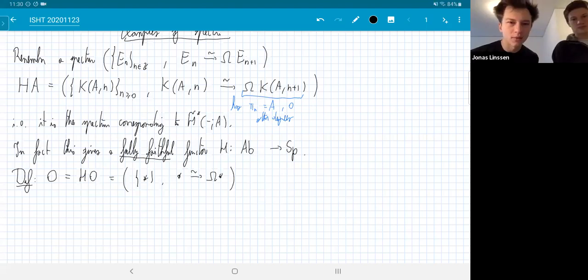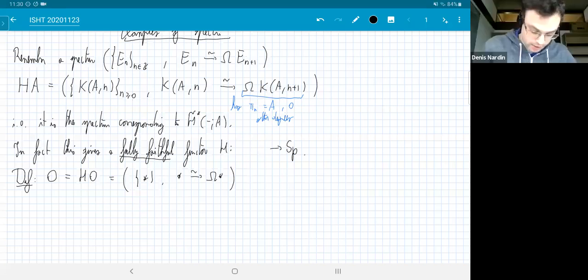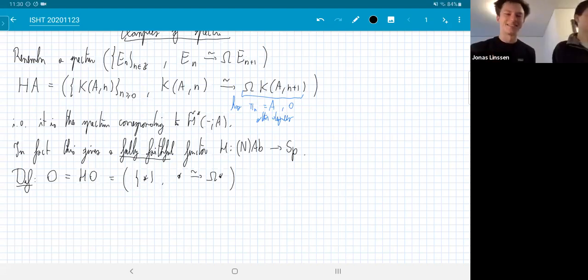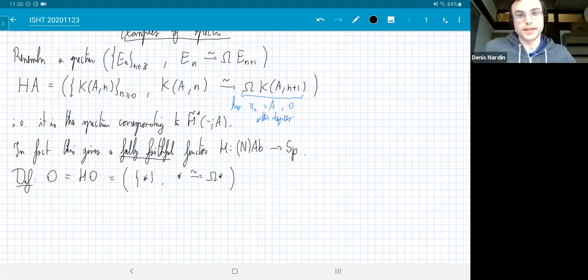Excuse me. You just said that this H embeds into the infinity category of spectra. Yes. So, do we take abelian groups then with a trivial infinity category? Oh yeah. Let me, for the last time, put a nerve. When I take a one-category as an infinity category, I silently insert a nerve.